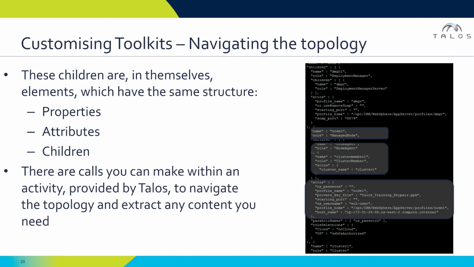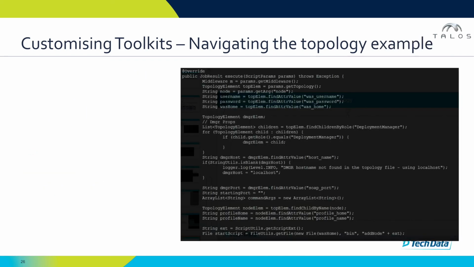So there are calls you can make within Talos to be able to navigate that topology and extract any content you need just by searching a particular way down the topology, a particular route through the topology. So let's have a look at an example of navigating the topology.